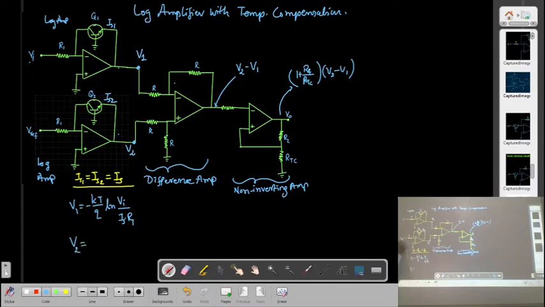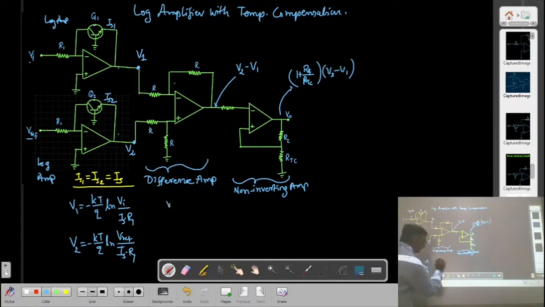Okay. Now we will write what V2 is. For V2 my input voltage is V reference. So we can write minus kT by Q ln V reference divided by Is into R1. Correct? Now in the difference amplifier, the output voltage will be equal to V2 minus V1.